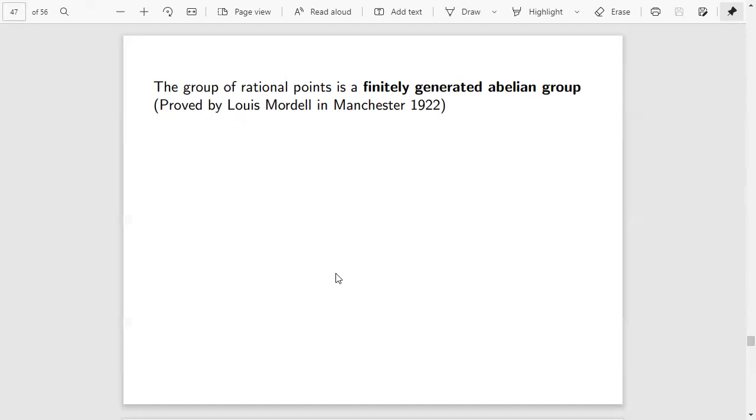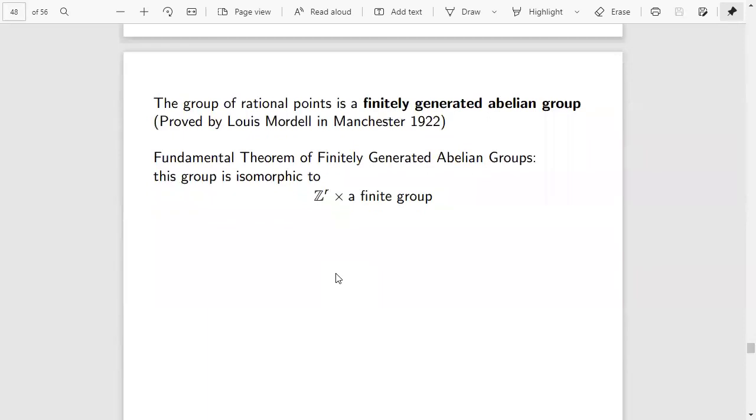So one of the basic theorems of group theory, the fundamental theorem of finitely generated abelian groups, tells us any finitely generated abelian group is isomorphic to a direct product of Z to the r times a finite group for some integer r.